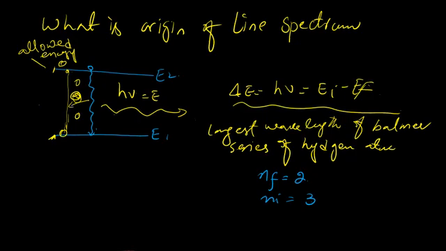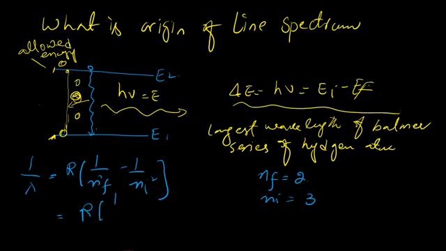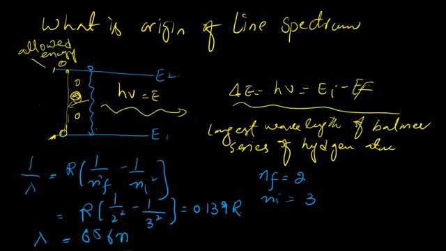So 1 over λ is equal to R times (1 over nf squared minus 1 over ni squared), which is R times (1 over 2 squared minus 1 over 3 squared), and this equals 0.139 R. Correspondingly, λ will be equal to 656 nanometers.